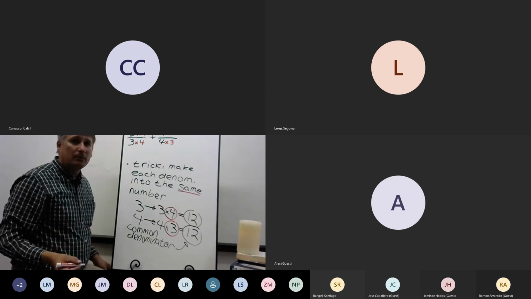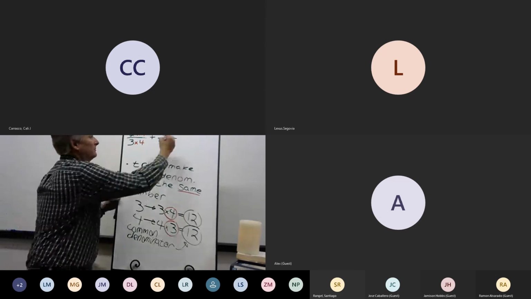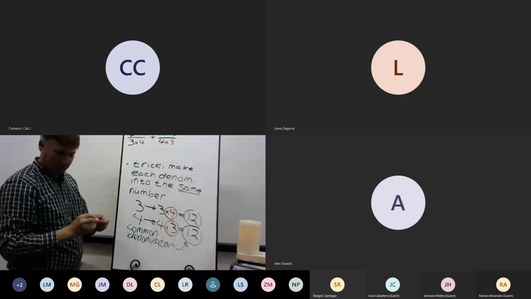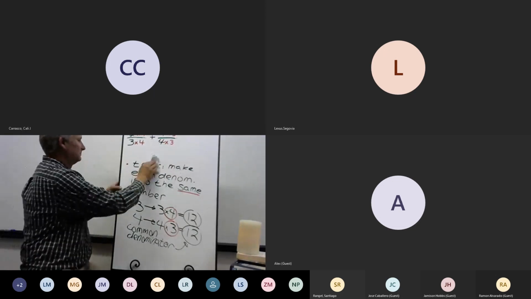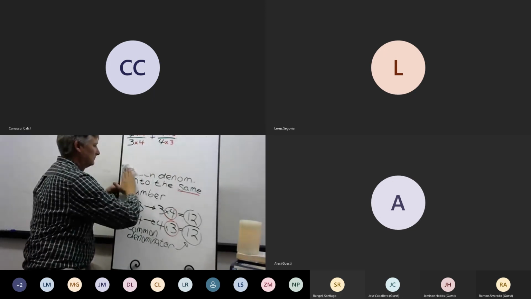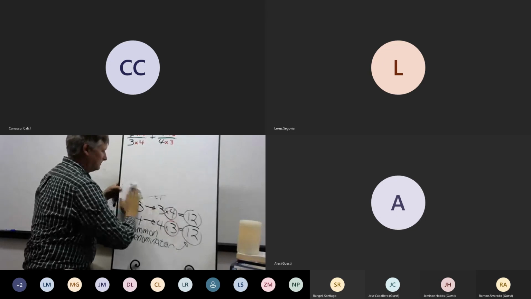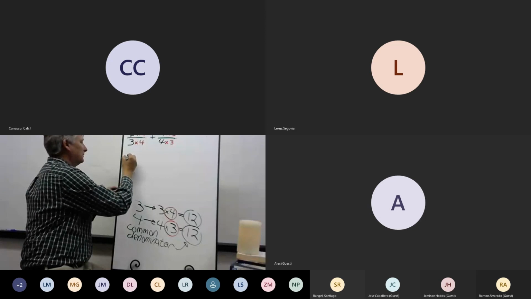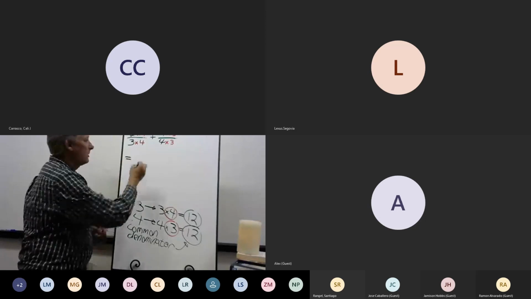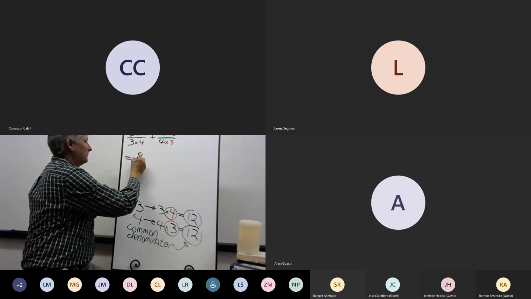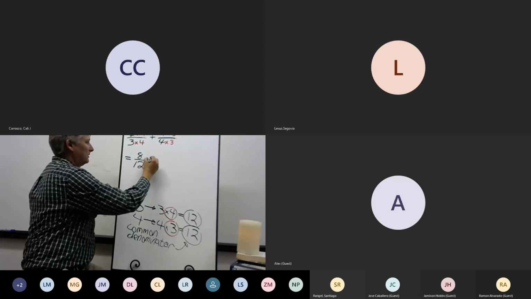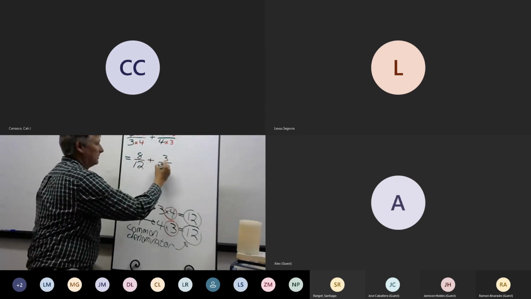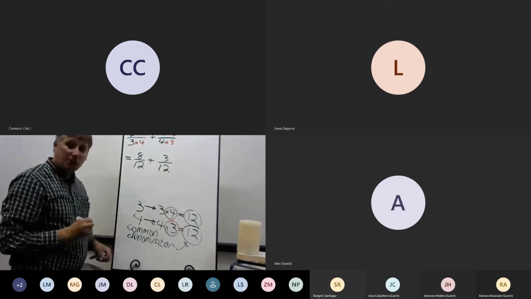But what I do to the bottom, I also have to do to the top. So now we'll have 8 over 12 plus 3 over 12.